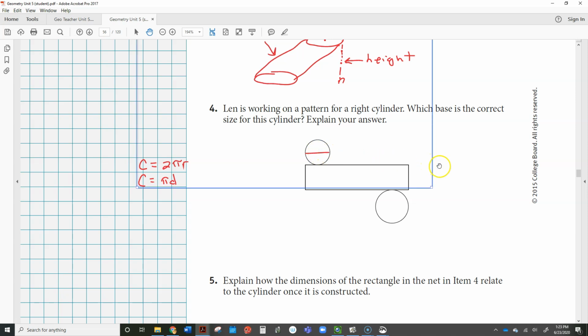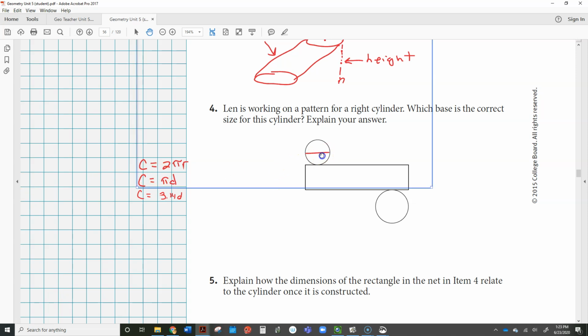If we think about pi being 3.14, that means that to get all the way around this circle, I need to multiply the length of my diameter times a little bit more than 3.